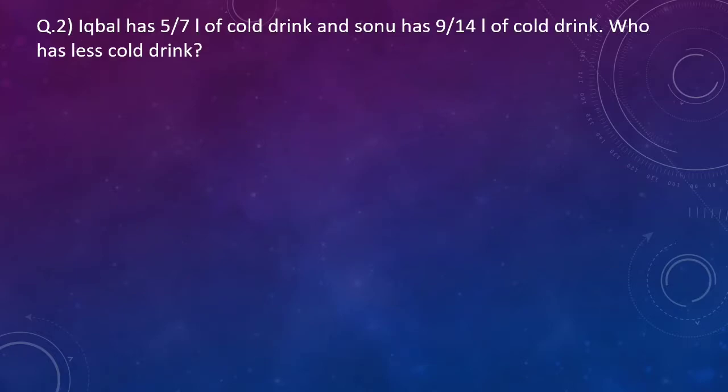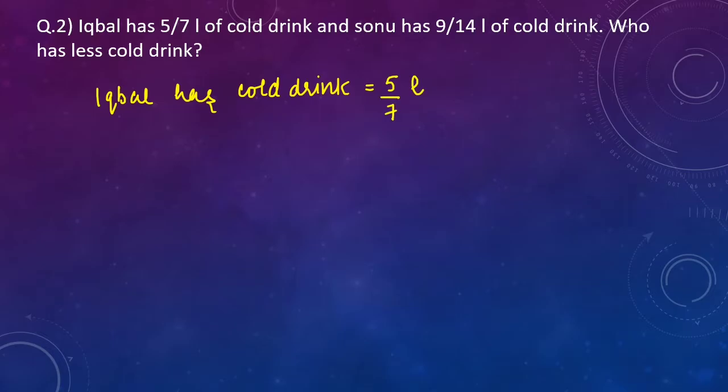Next question is, Iqbal has 5/7 liter of cold drink and Sonu has 9/14 liter of cold drink. Who has less cold drink? So, Iqbal has cold drink equals to 5/7 liter.